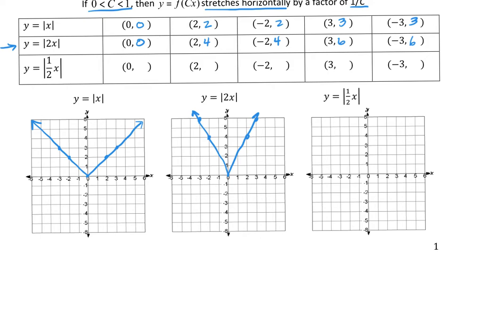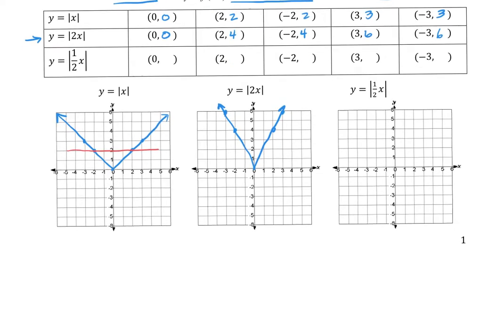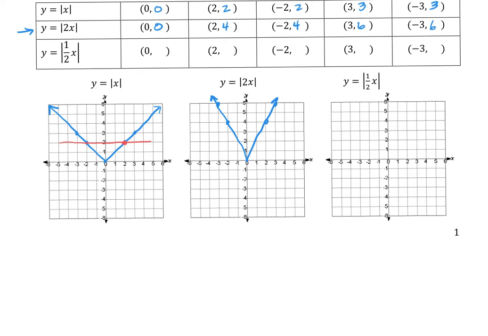Now, it's kind of difficult to visualize this idea of a factor of 1/2. Let me see if I can explain this. Let's look at our basic graph, and I'll look at this horizontal line. So this is when y is equal to 2. So notice that when y is equal to 2, we have an x value of 2 and an x value of negative 2.